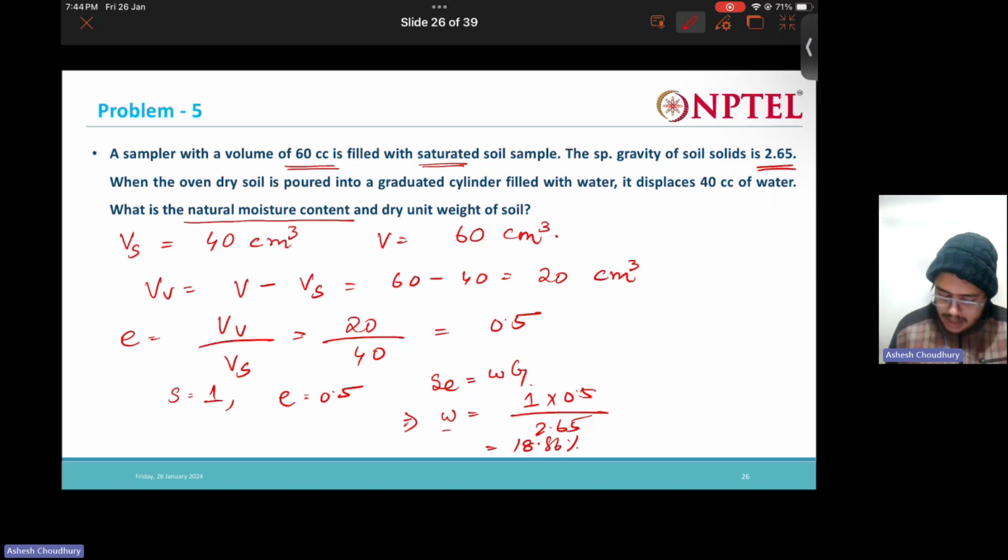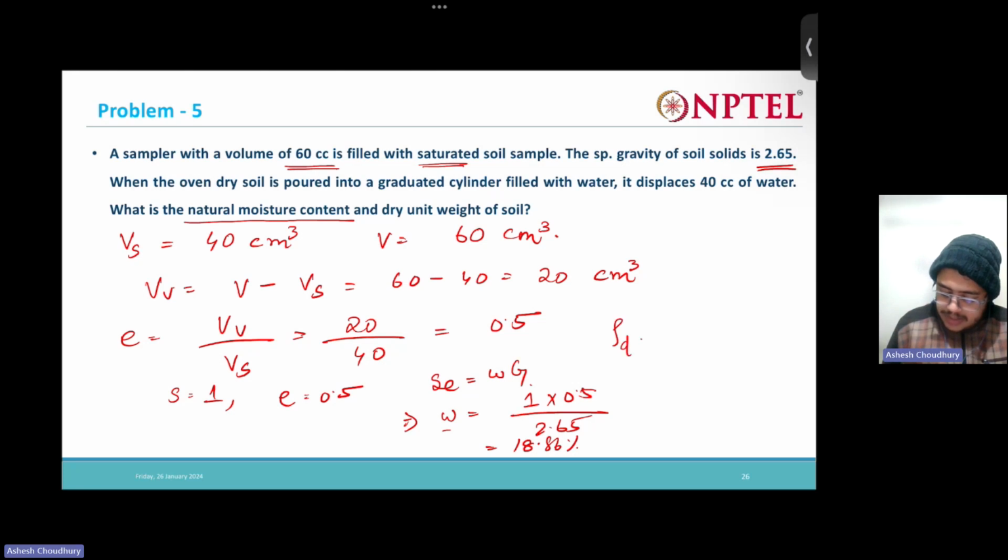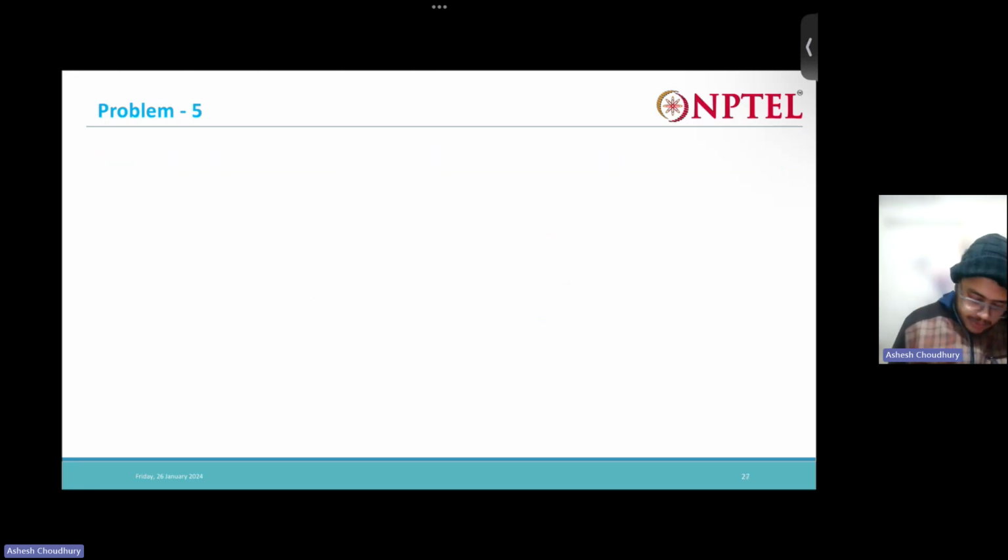Okay, 18.86. Next, you need to find out the dry unit weight. So what is the dry unit weight? Dry unit weight is nothing but weight of soil solids by total volume. But what we can do is use the relation that we just discussed two problems back. Gamma bulk is (G plus Se) by (1 plus e) for saturated.